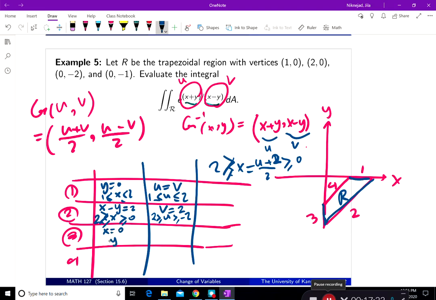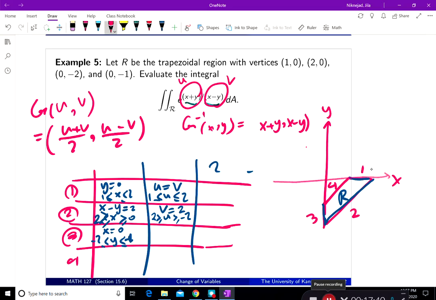Then if I want to find the third boundary, the third boundary is x equal to 0 and y runs between negative 2 and negative 1. And again, if I put this in here, I'll see that y equal to x equal to 0 basically gives me u is equal to y and v equal to negative y.